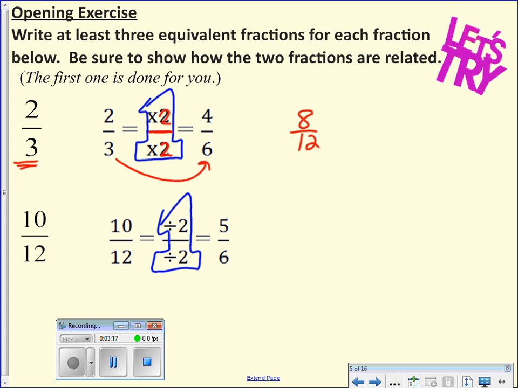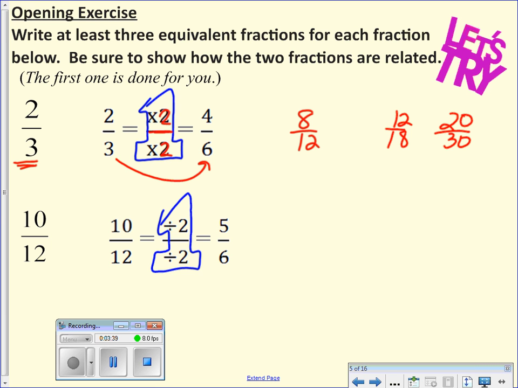Perfect, very good. Anybody have another example? Okay, and what would the equivalent fraction be? Good. What about 10 over 10? 20 over 30.